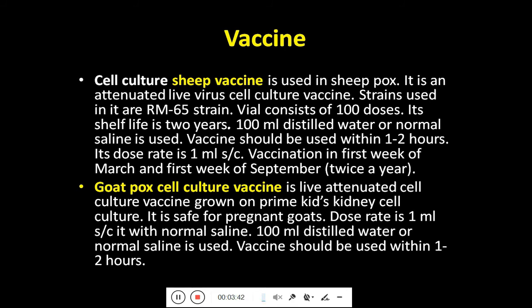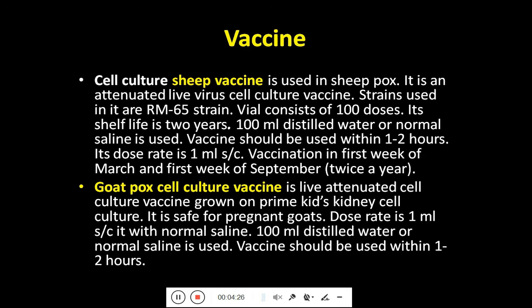It is an attenuated live virus cell culture vaccine, and the strain used is RM65. The vial consists of 100 doses, its shelf life is 2 years, and 100 ml of distilled water or normal saline is used for preparing this vaccine. The vaccine should be used within 1 to 2 hours after preparing, and its dose rate is 1 ml subcutaneously per animal. Vaccination is done twice a year, in the first week of March and the first week of September.